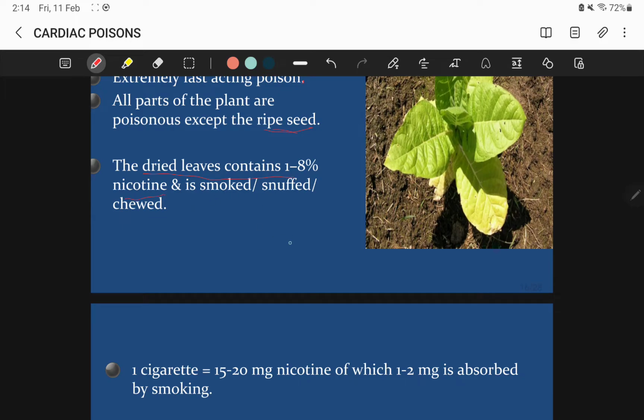If you have ever seen a cigarette, you have probably seen the dried leaf inside that people smoke. It contains about 1 to 8 percent nicotine, and it is either smoked, snuffed or chewed.